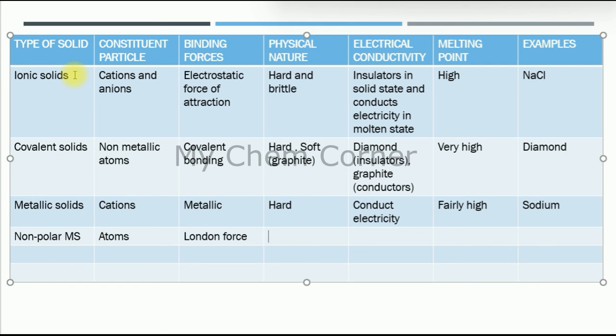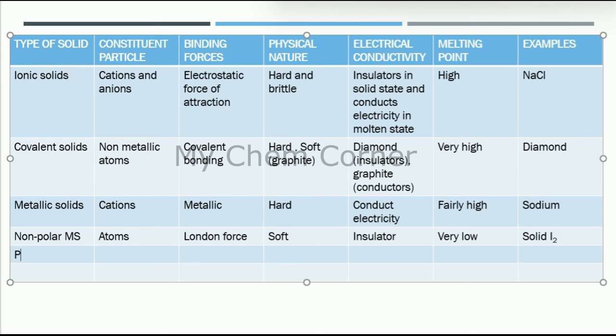Physical nature for this, it was soft. Electrical conductivity, it was acting as an insulator. Melting point in this case is very low. An example for this is solid I2.